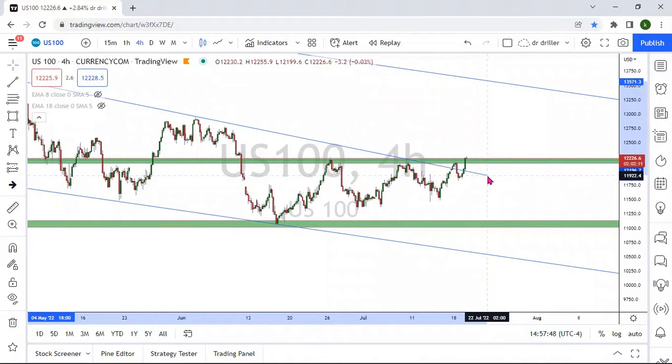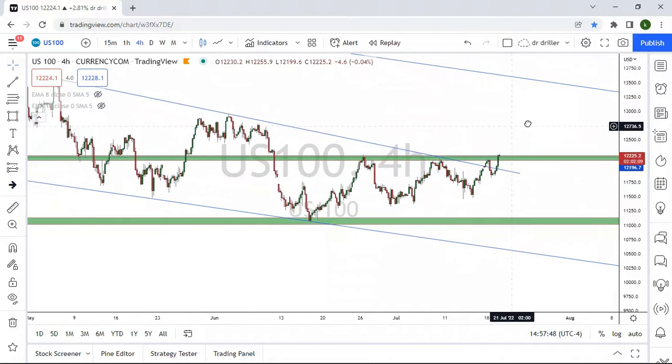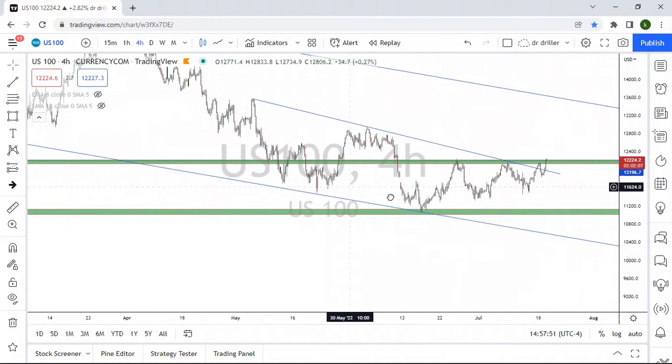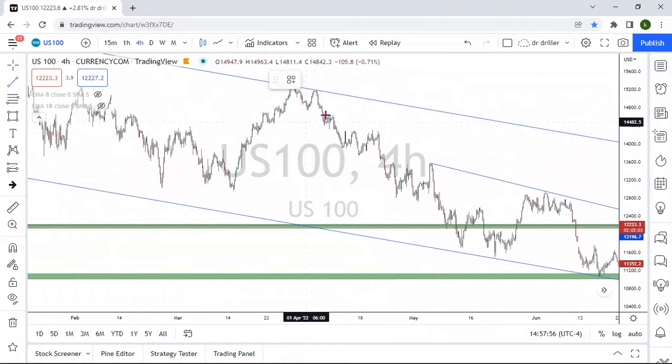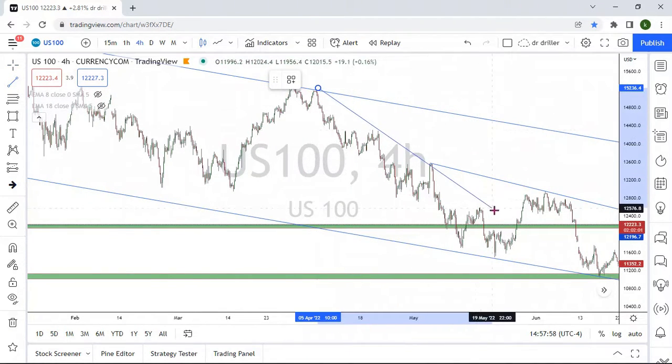I'll further elaborate on the question: why does that remain a high of interest to me? Remember, we had something of this nature previously on this market. Let me just place it around this area over here.